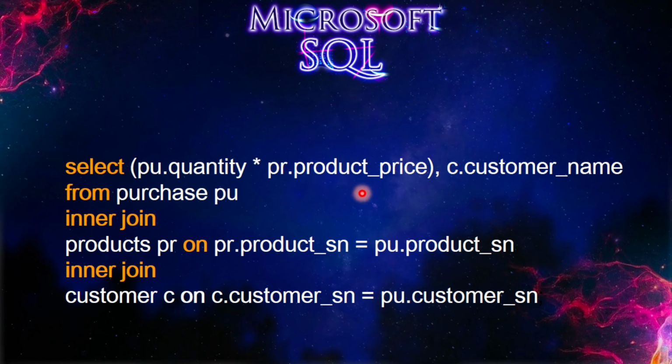Let's execute. If we refresh the table, product SN has become the primary key.